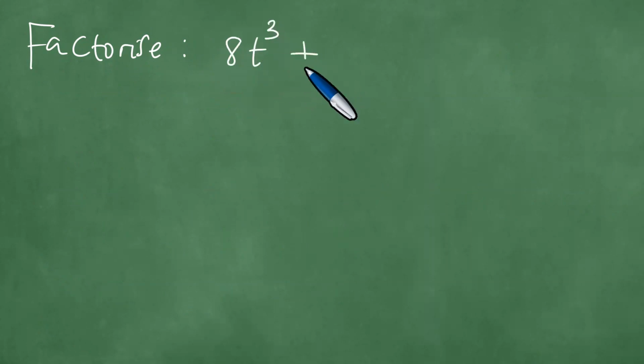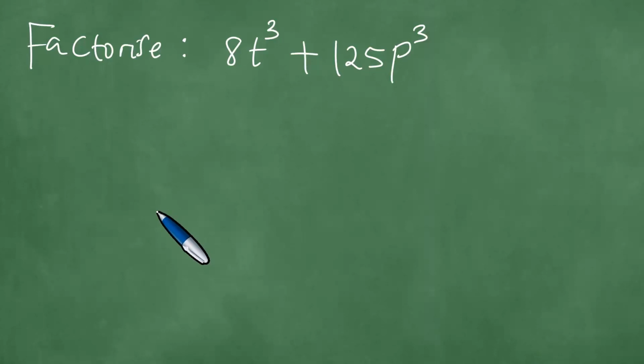Factorize 8t cubed plus 125p cubed. Okay, what's the answer to this? I'm giving you like a minute. What do you do first here?